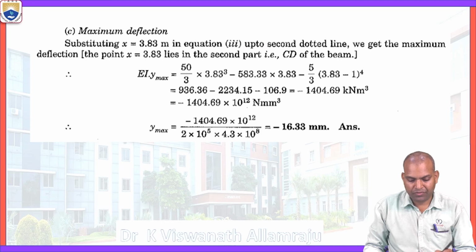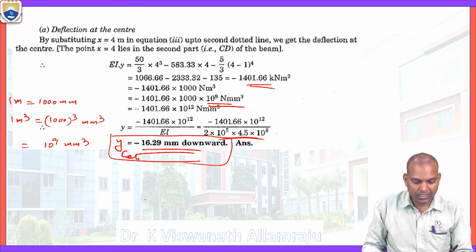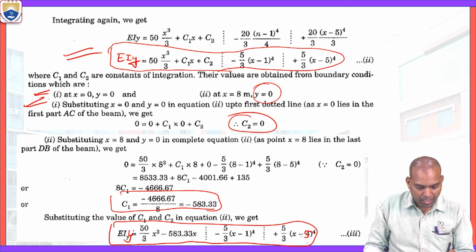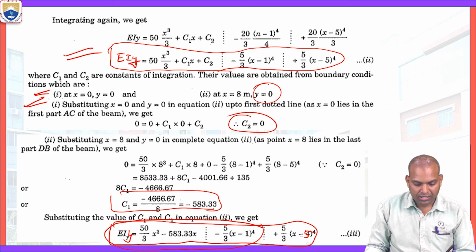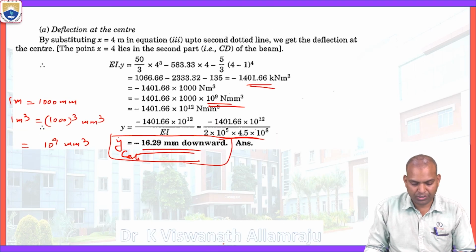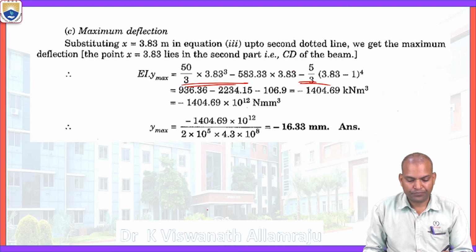Yes, we consider part 1 and part 2. What is part 1 in this equation? Up to this portion we have to consider, because it is between C and D. The CD portion is part 1 and part 2, not the other two parts.